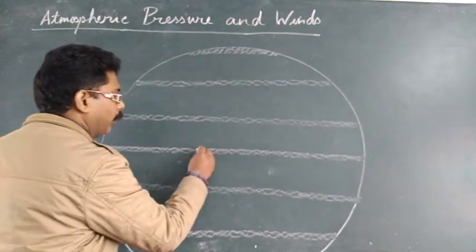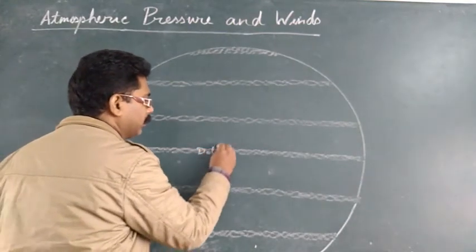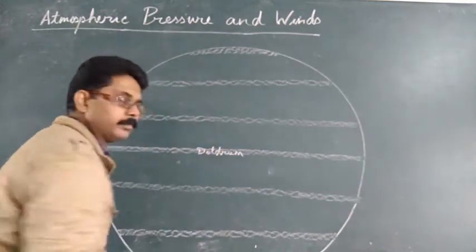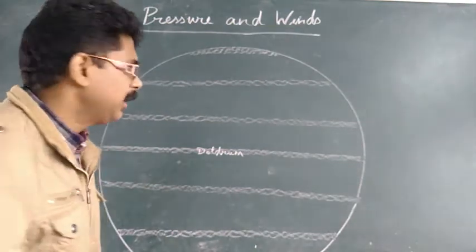On the equator, this is the doldrum, the equatorial low pressure belt.